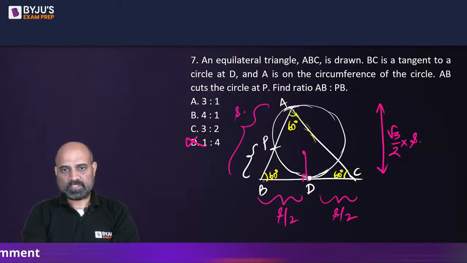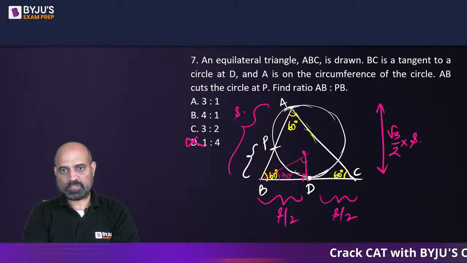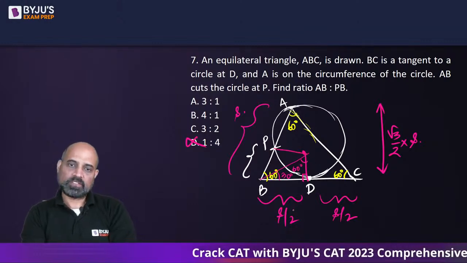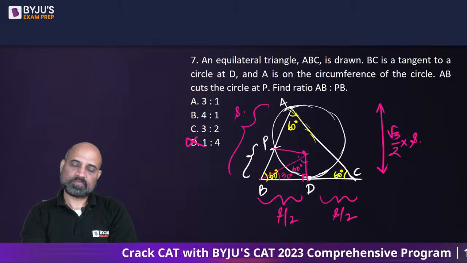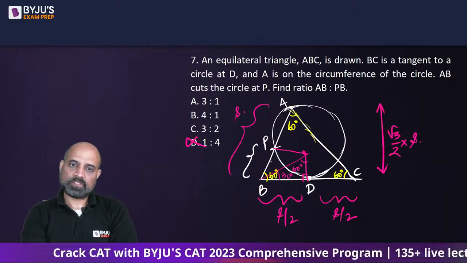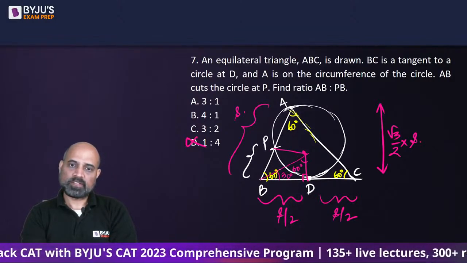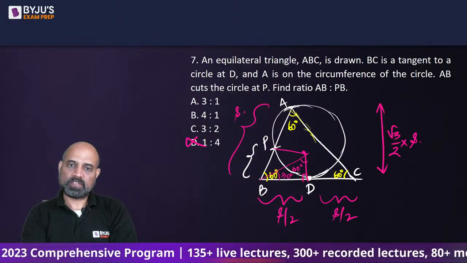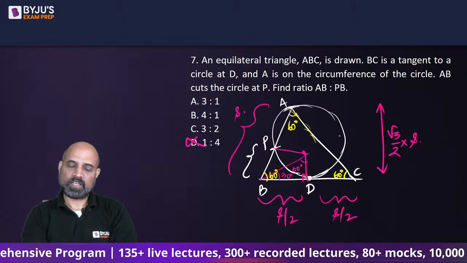That is not a tangent. If I join this, one is 30 degrees because this has to be 60. If I join this, one is 30. But neither of those can be that.